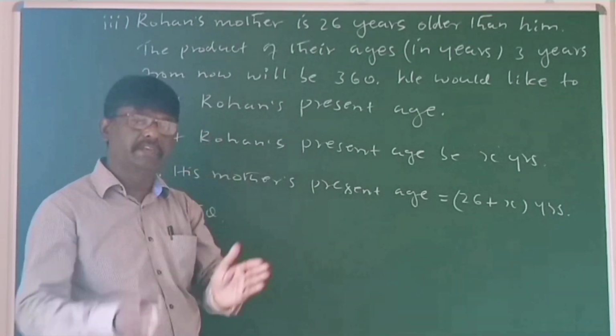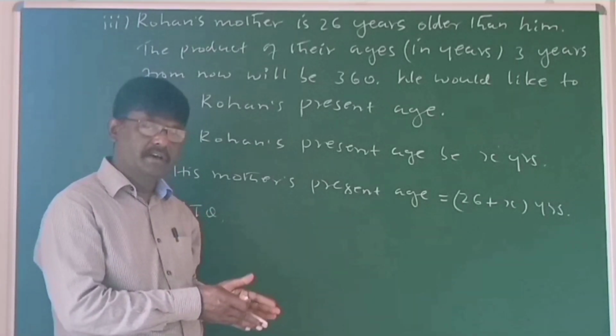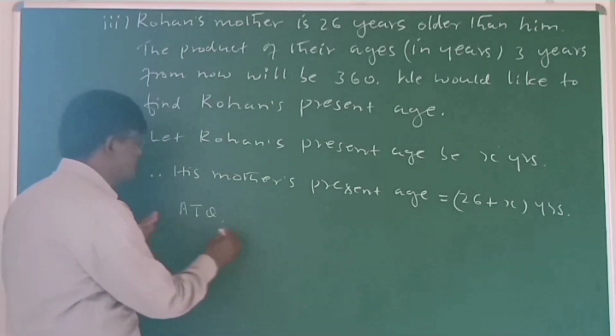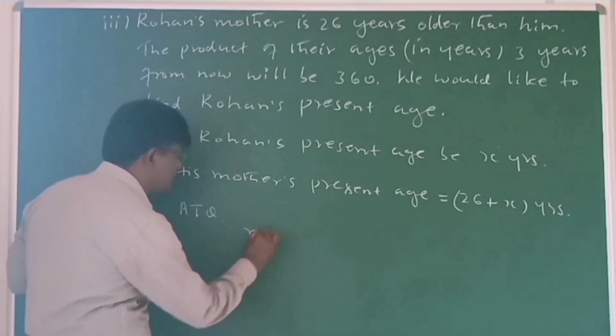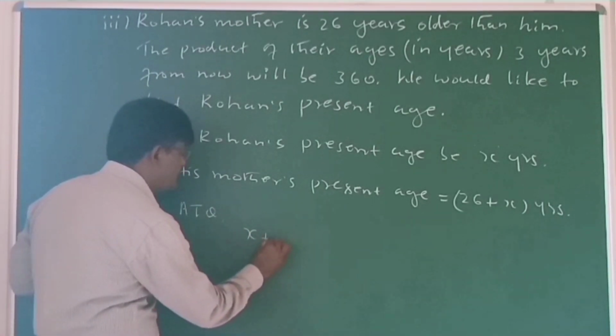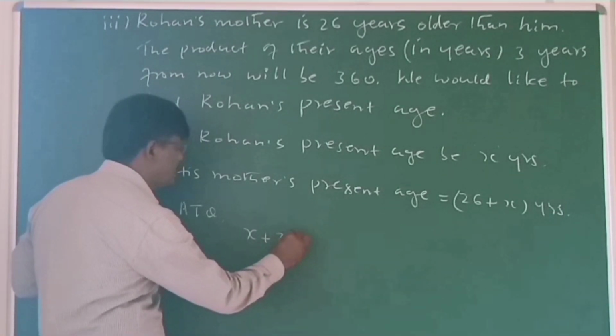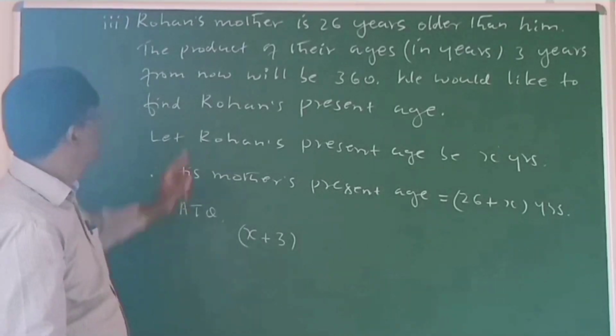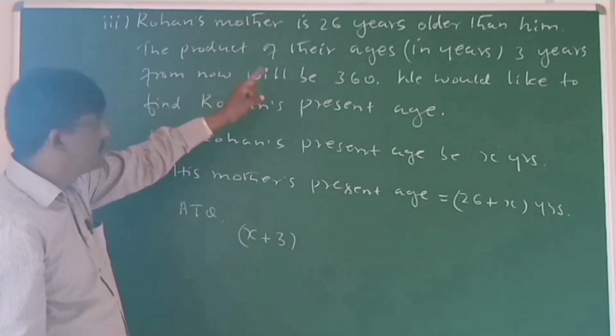Now if your age is 16, after 3 years, 16 plus 3. Hence, according to the question, Rohan's present age is x. After 3 years, it becomes x plus 3.